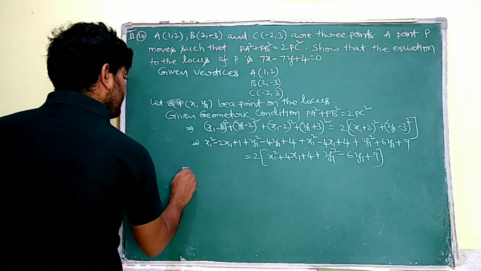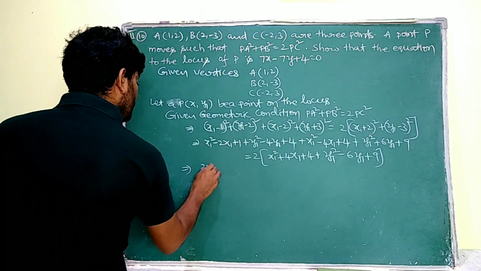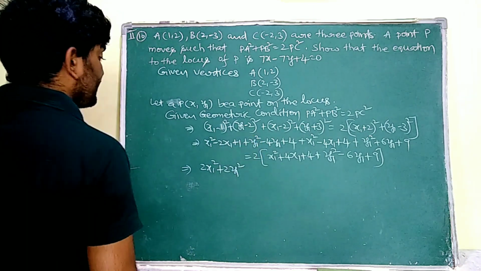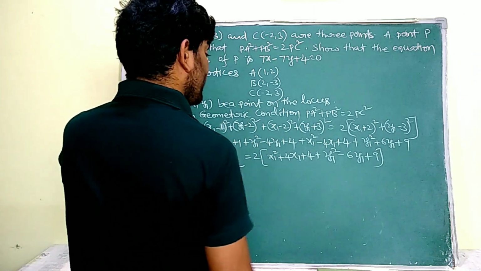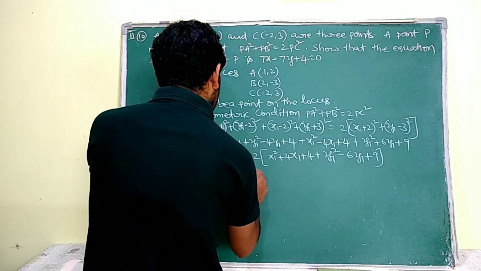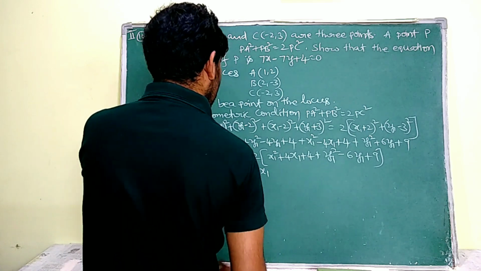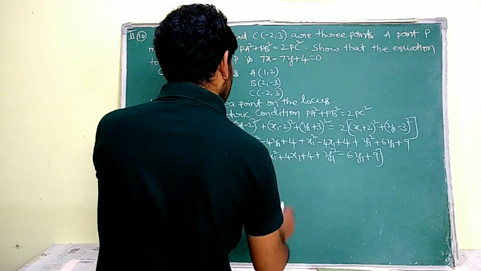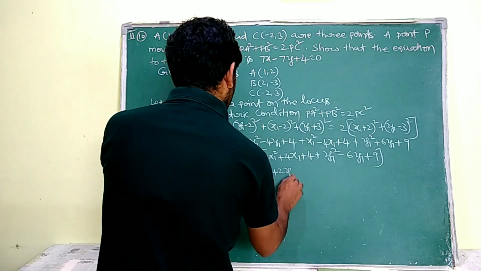See, here we have 2x1 square plus 2y1 square. Now here it is minus 2x1 and it is minus 4x1, so minus 6x1. Coming to y terms, it is minus 4y1 and it is plus 6y1, that is plus 2y1.